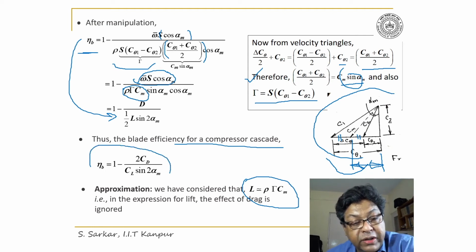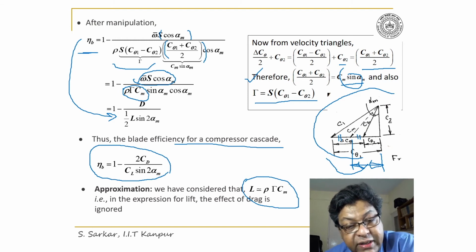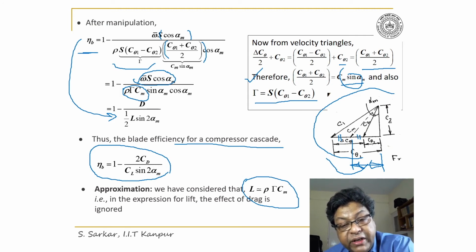This is an important relation which will give us blade efficiency for a compressor cascade is equal to 1 minus twice CD over CL into sine twice alpha m. Here an approximation has been done considering that lift is equal to rho gamma into Cm. Thus in expression of lift we have neglected the effect of drag.